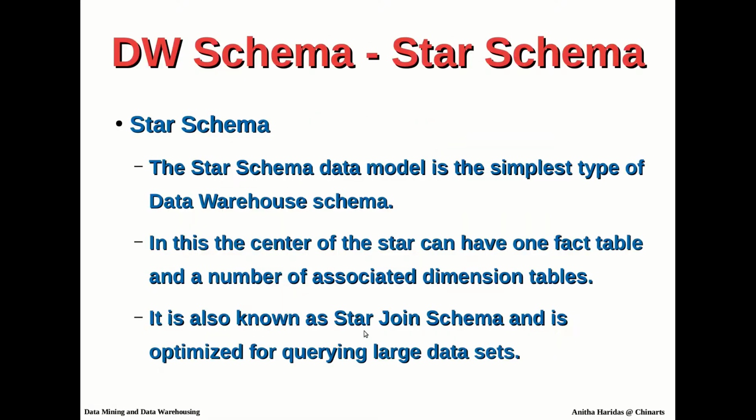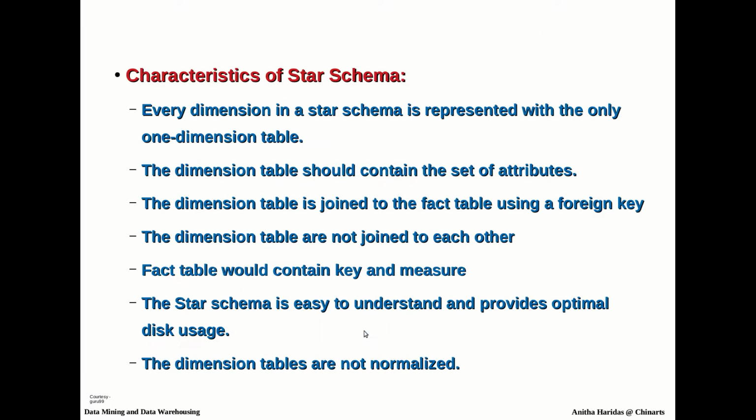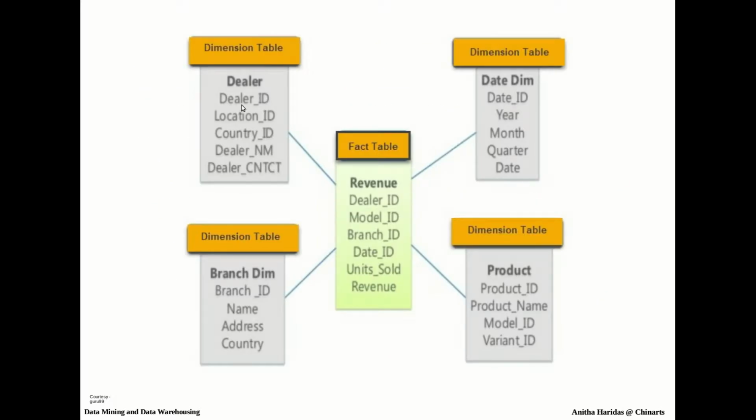Now if you take the star schema, some of its characteristics are: every dimension in the star schema is represented with only one dimension table, and the dimension table contains a set of attributes also. What do you mean by the attributes? The dealer ID has some attributes like location ID, country ID, dealer name, dealer contact.